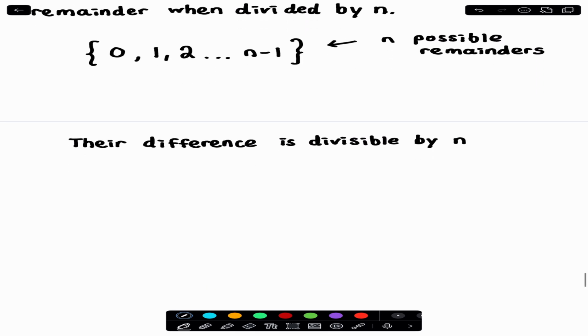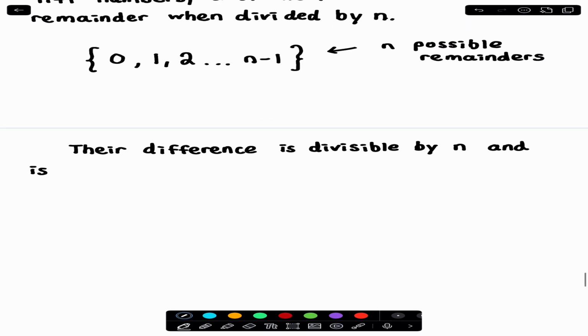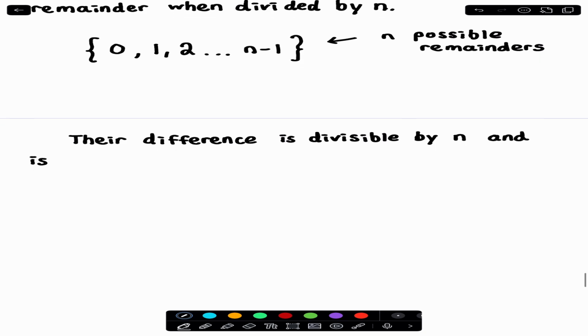Now when we take their difference, so the difference of these 2 rep units, which have the same remainder upon division by n, it will have a very specific form.